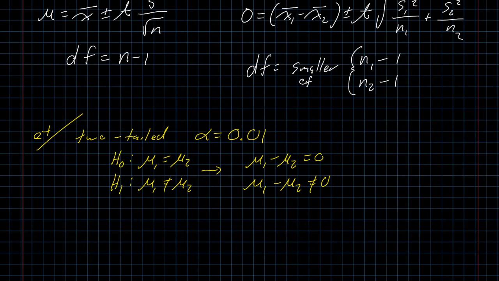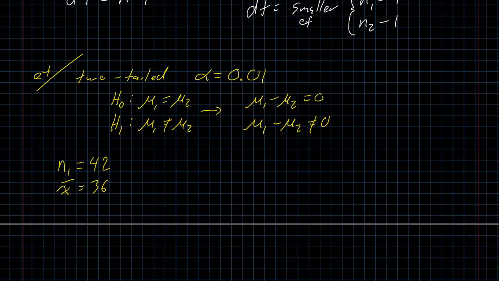Then we will collect our data. Our first sample will have 42 members. It will have a mean of 36, and it will have a standard deviation of 11.8.